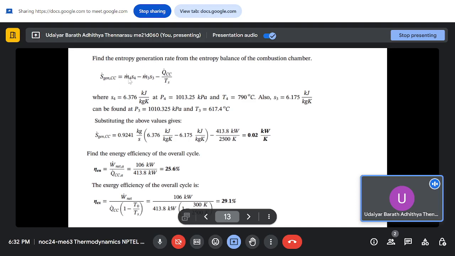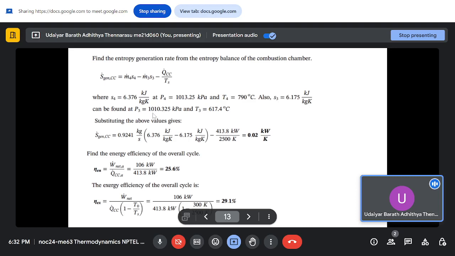Now you know mass flow rates, you know q dot, you know Ts, we need to find out entropy. Corresponding to pressures and temperature, we can use an air standard table to find entropy. So for pressure of 1013.25 and 790 degrees Celsius, your entropy is 6.376.